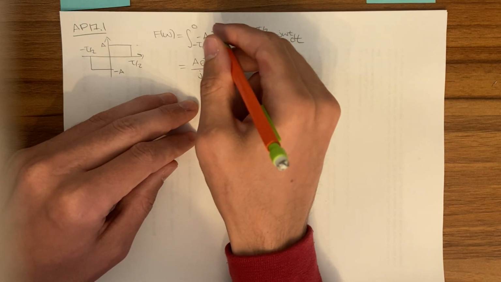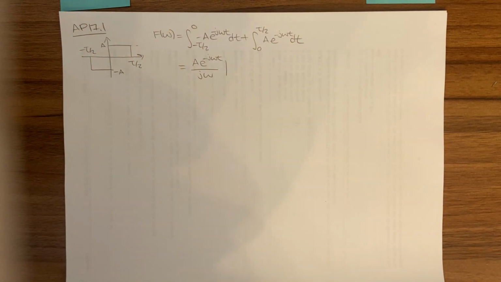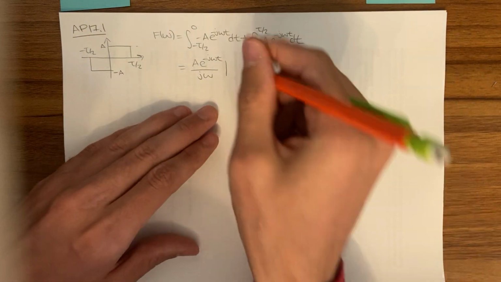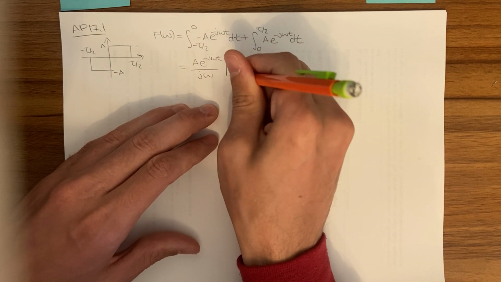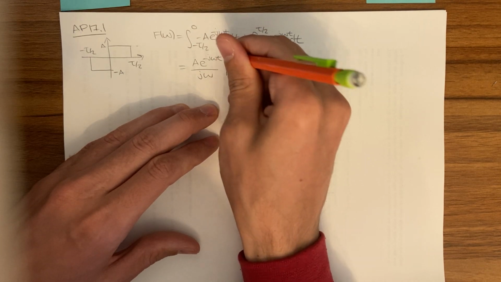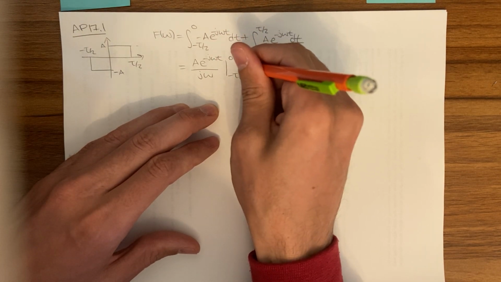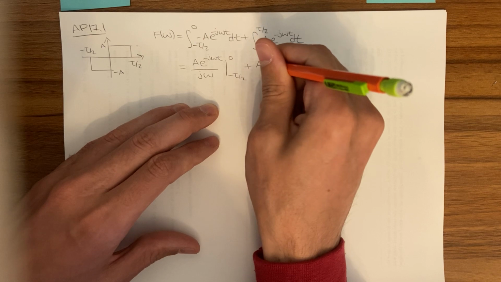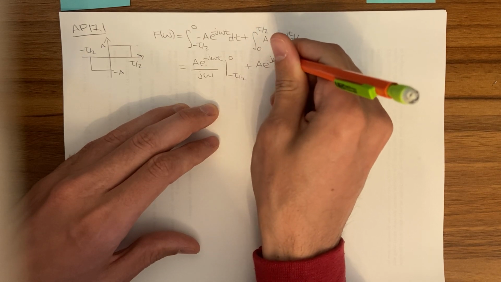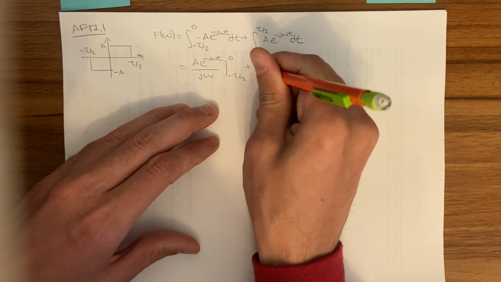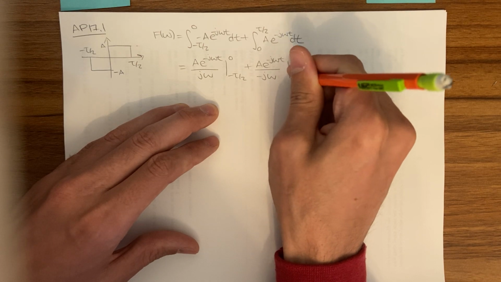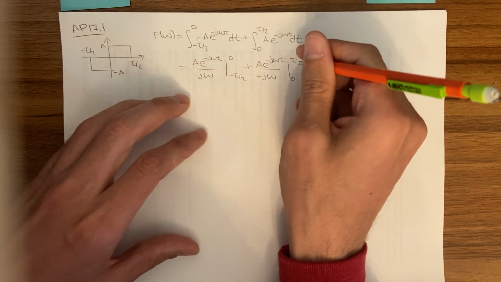Okay, that negative cancels out one from the a. I had an error in my notes, I'm going to fix that. Okay, cool. And again, we're evaluating from negative tau over 2 to 0. And then here we have a e to the minus j omega t all over minus j omega, and we're evaluating from 0 to tau over 2.